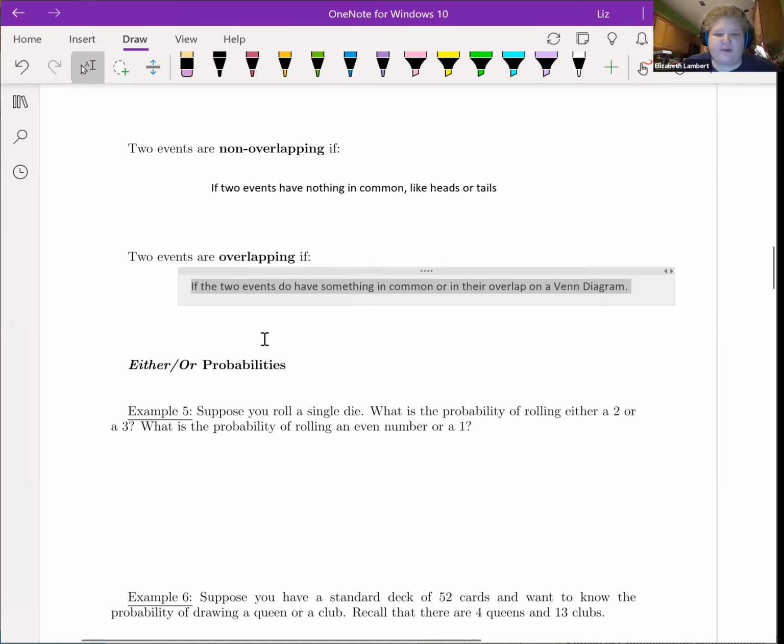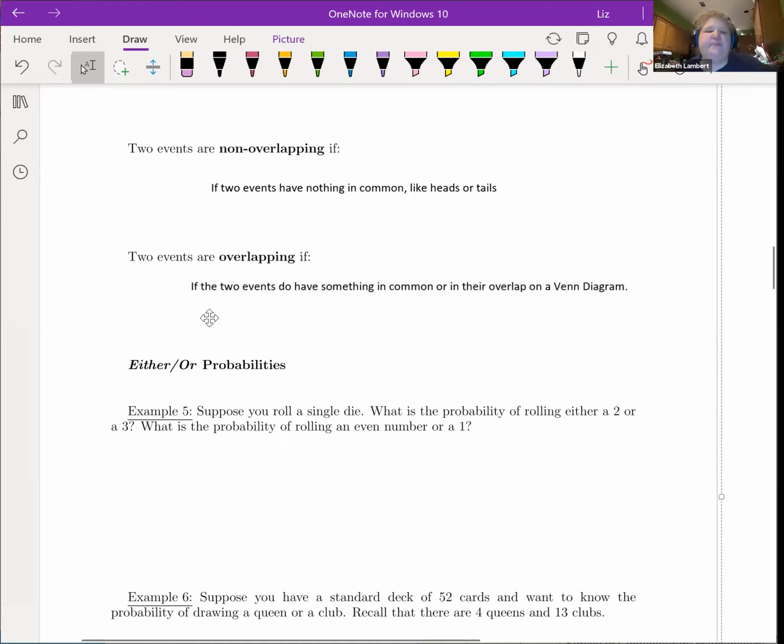So thinking about that with the Venn diagram, let's say we were looking at a die roll and I wanted there are even numbers or there are numbers greater than 4.